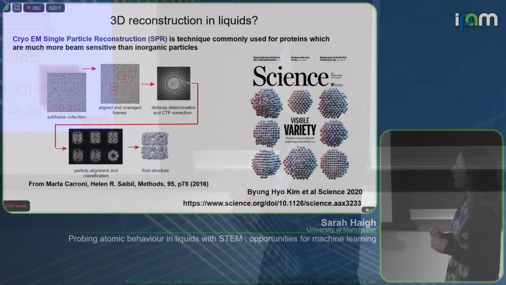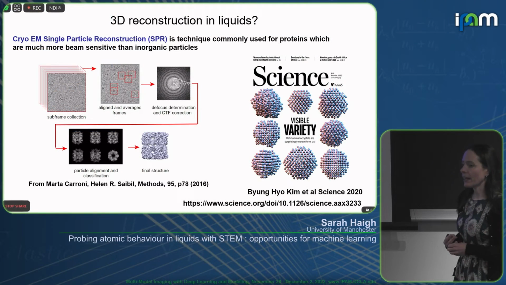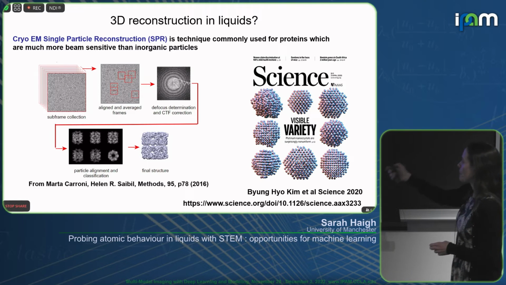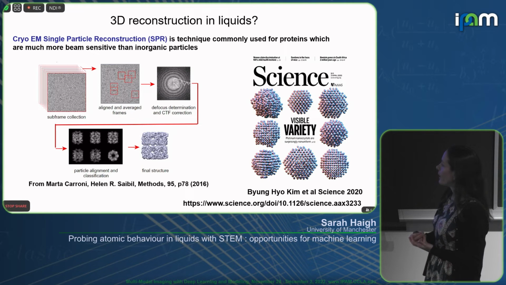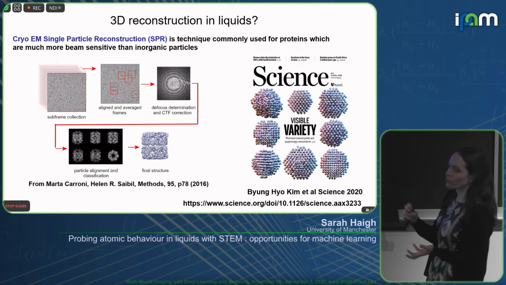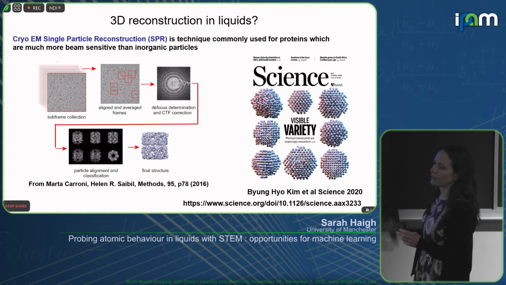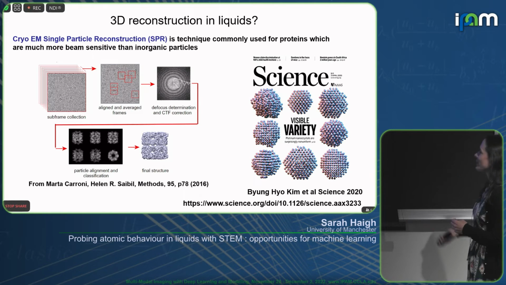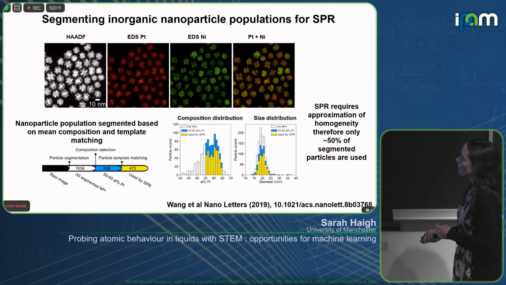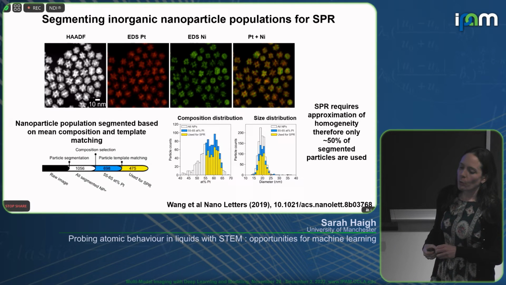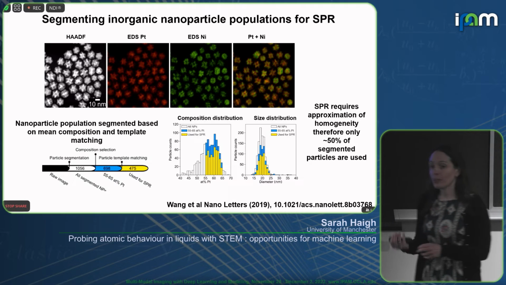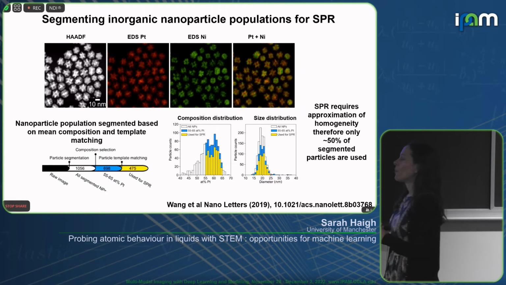You have to make some assumptions that the nanoparticle isn't changing in the solution, but still, this is the paper that they published back in 2020, showing reconstructions for a few platinum nanoparticles.